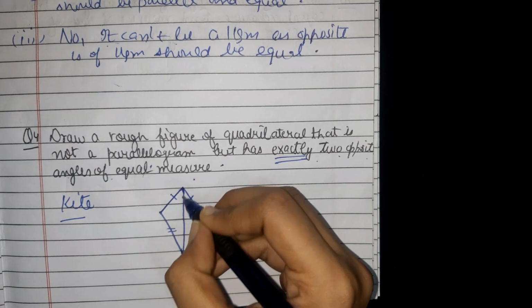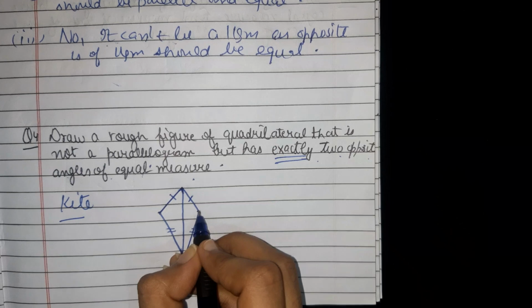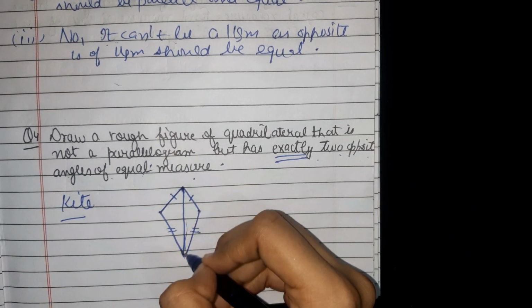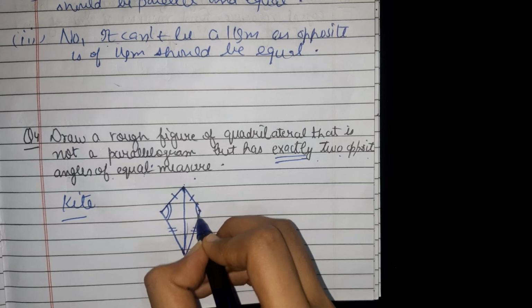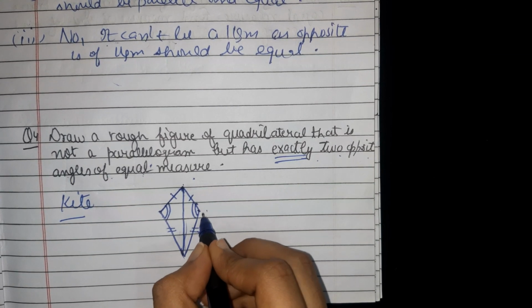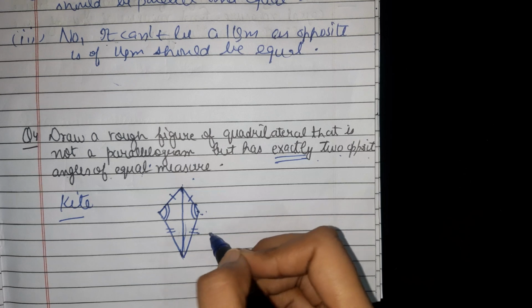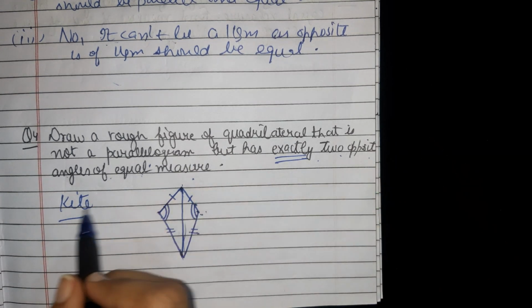This is a diagonal and this is a diagonal, so the longer diagonal will be this one. The angles opposite to the longer diagonal, this angle and this angle, will be equal. We also know that the longer diagonal bisects the shorter diagonal. These are the other properties of this kite.